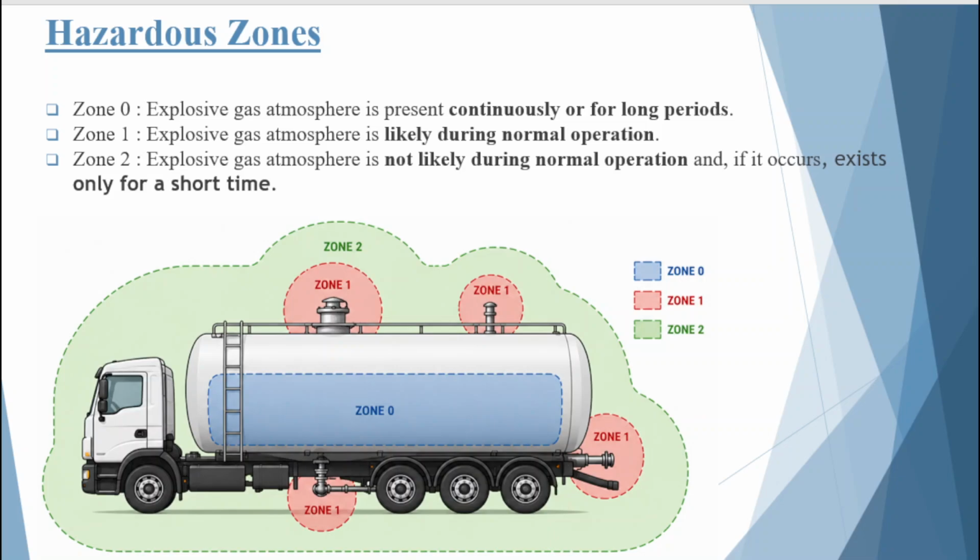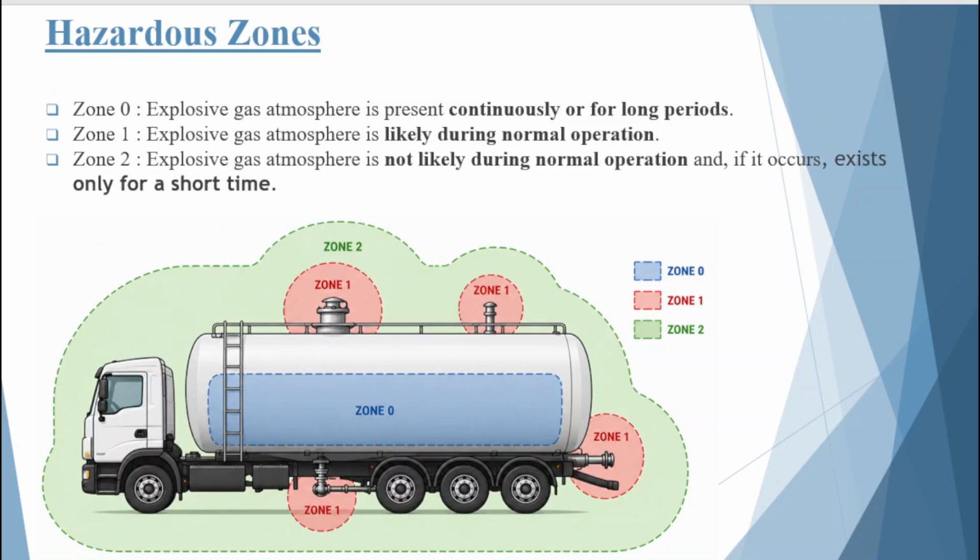A typical example is the area surrounding a Zone 1 location. Normally, no flammable gas is present there. However, if an unexpected leak occurs and the gas spreads briefly before being dispersed by ventilation, that surrounding area may be classified as Zone 2.